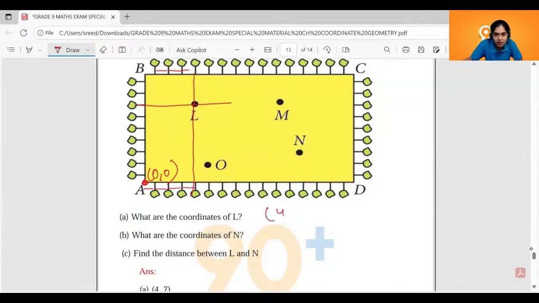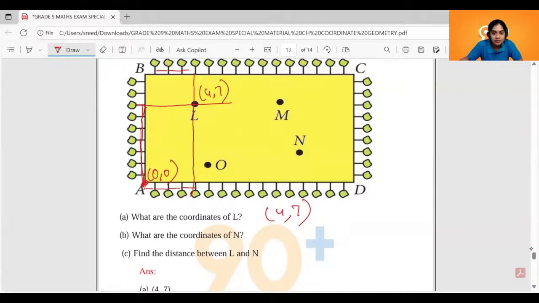You got 4. And y, it's meeting at 1, 2, 3, 4, 5, 6. No, this is 1 from here. 1, 2, 3, 4, 5, 6, 7. This is 7. So the coordinates of L are 4, 7, right?